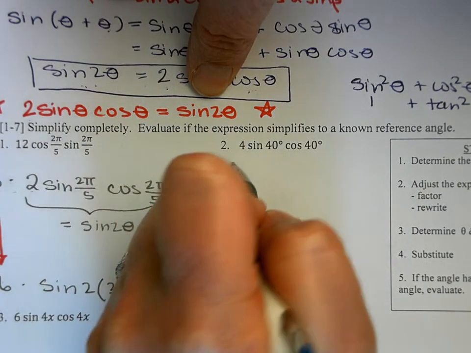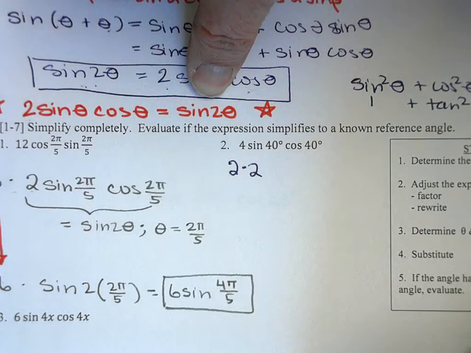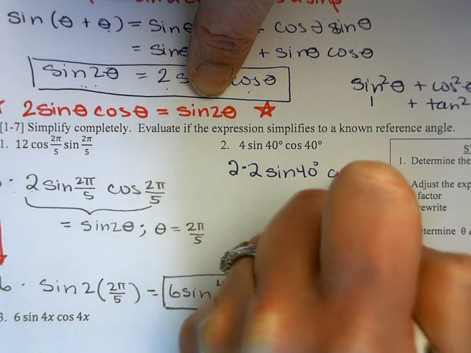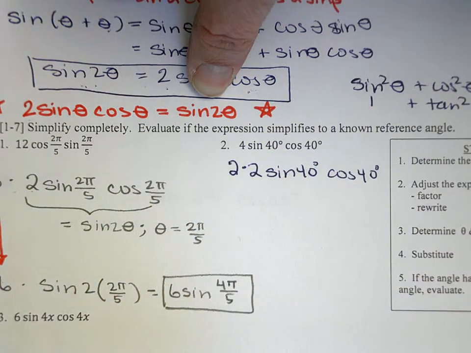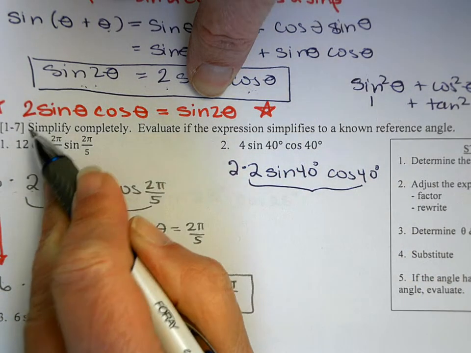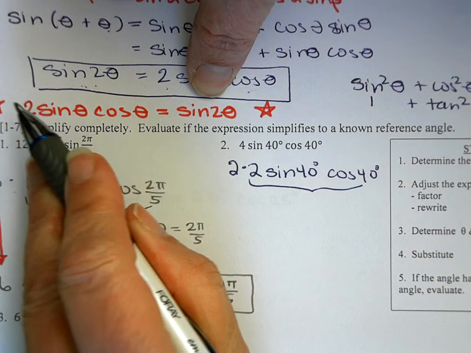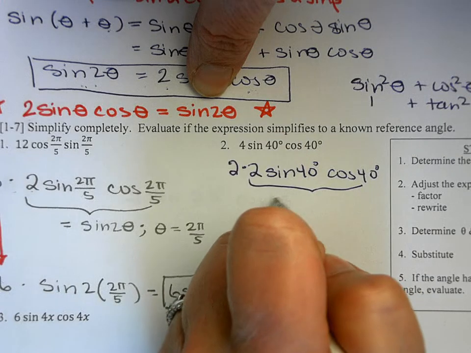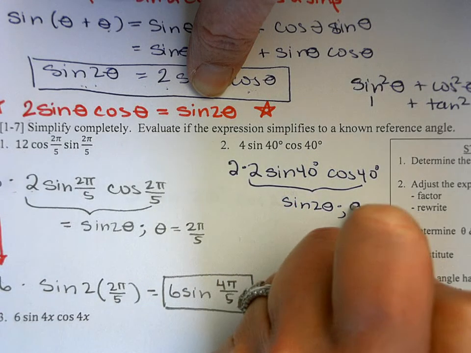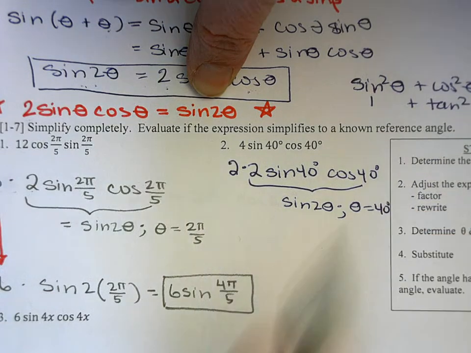So I know 4 is the same as 2 times 2, and then sine 40 cosine 40. So this is the identity: if I have a product times 2, I can replace it with sine of 2 theta. For this particular problem, theta is 40 degrees.